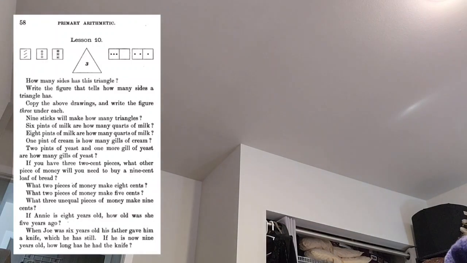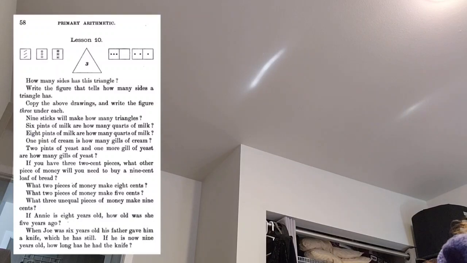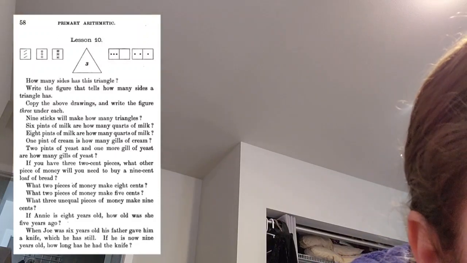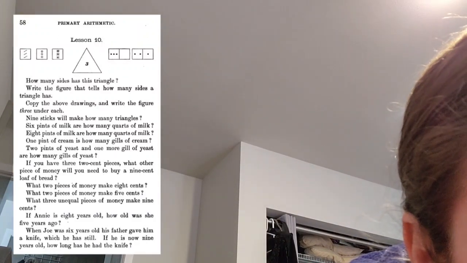If you have 3 2-cent pieces, what other piece of money will you need to buy a 9-cent loaf of bread? So if you have 3 2-cent pieces, let me think. 3 2-cent pieces, that's 6 cents.